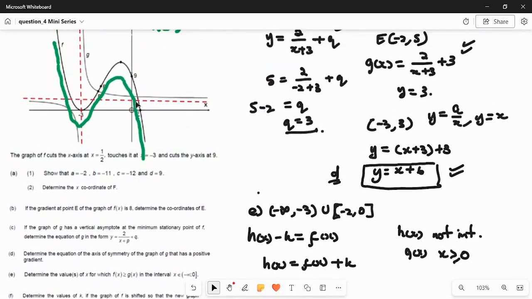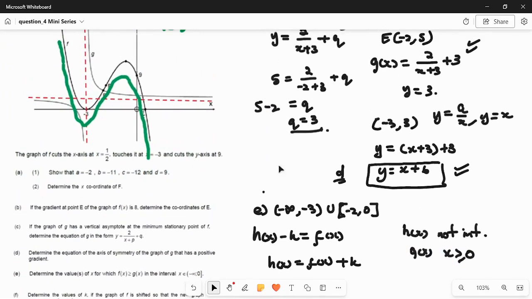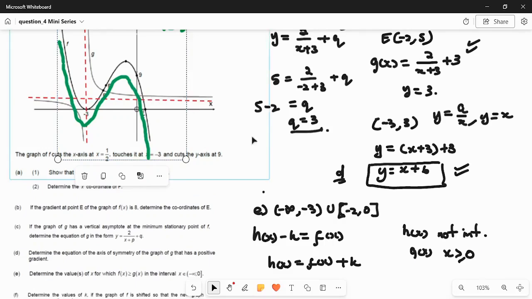So whenever I have this new function of h intersecting there, I no longer have it intersecting whenever my x is greater than 0. However, I'm also not supposed to intersect it whenever x is equal to 0. So the best way is to make this function h of x intersect exactly where my function g of x intersects that y-axis.